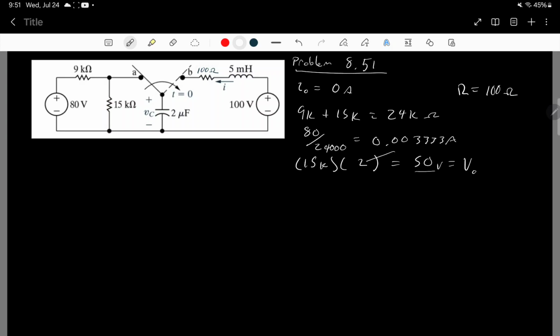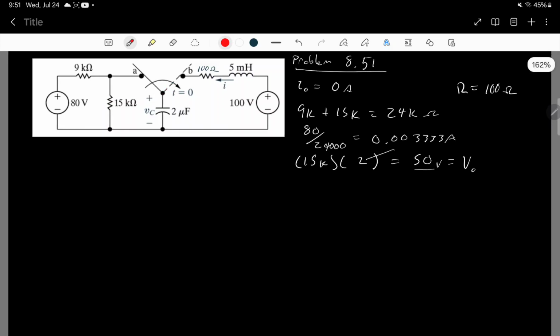Okay, so once you've found out the initial conditions that we care about, we think about the circuit switching into position B, where we're now going to have the step response of a series RLC circuit. And we know it's a step response because in the final circuit there's a 100 volt source involved.